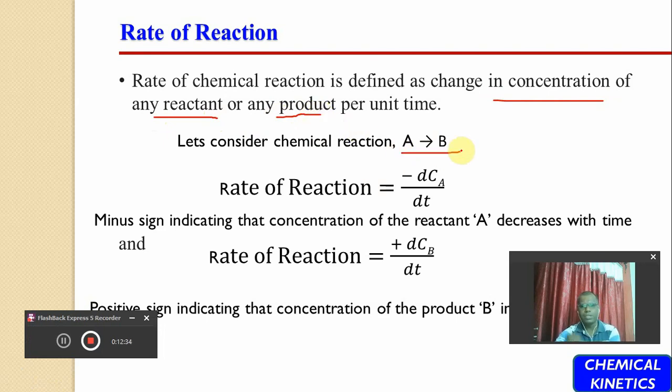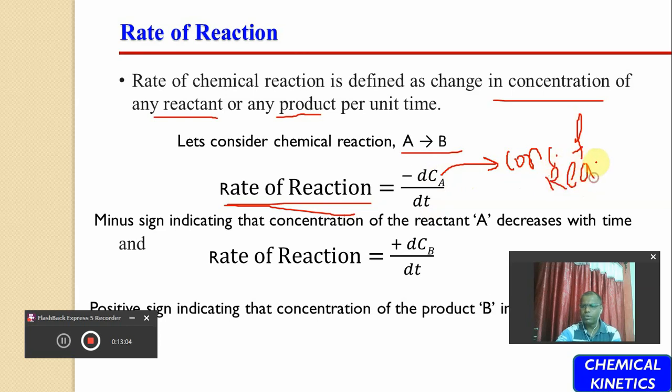And for this simple chemical reaction in which A is the reactant that gets converted into product B, the rate of reaction is simply defined as minus dCA by dt. This minus dCA by dt is the decrease in the concentration of reactant.